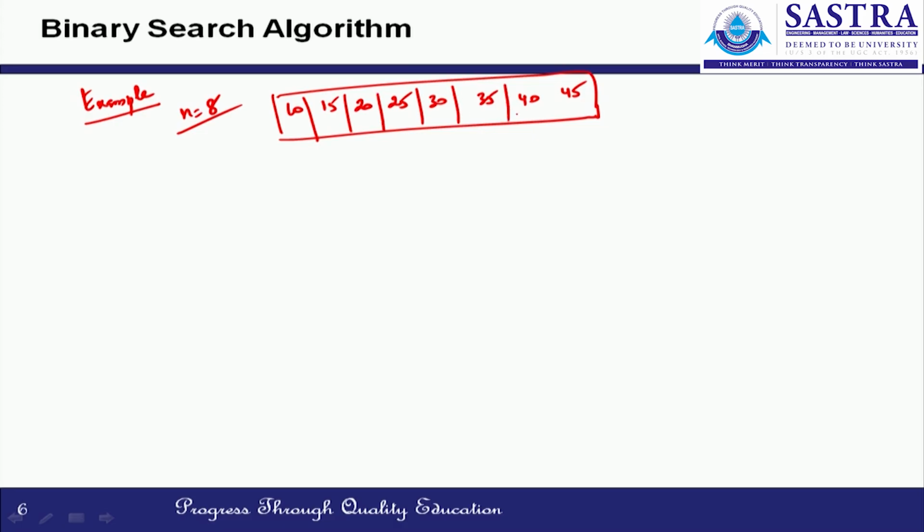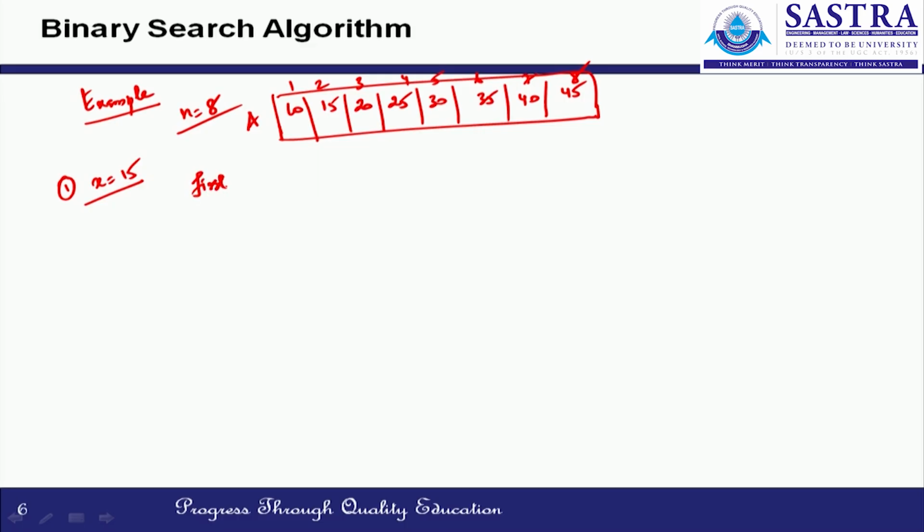Array indices are 1, 2, 3, 4, 5, 6, 7, 8. This is the array. Take the searching element x is equal to 15. The searching element 15 is available at the second location in the array.